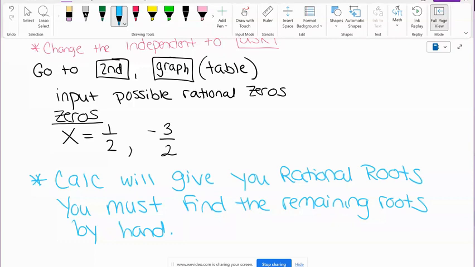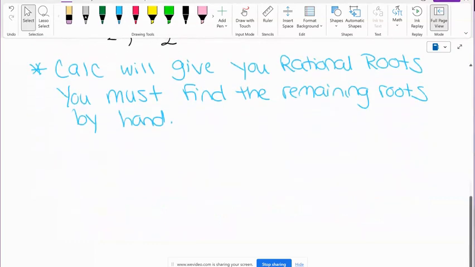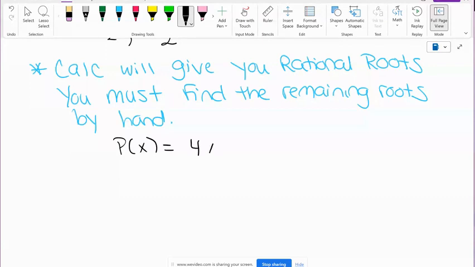So let's set up our synthetic substitution with the roots we just used. The equation was p of x is equal to 4x to the fourth plus 4x cubed minus 11x squared minus 8x plus 6.